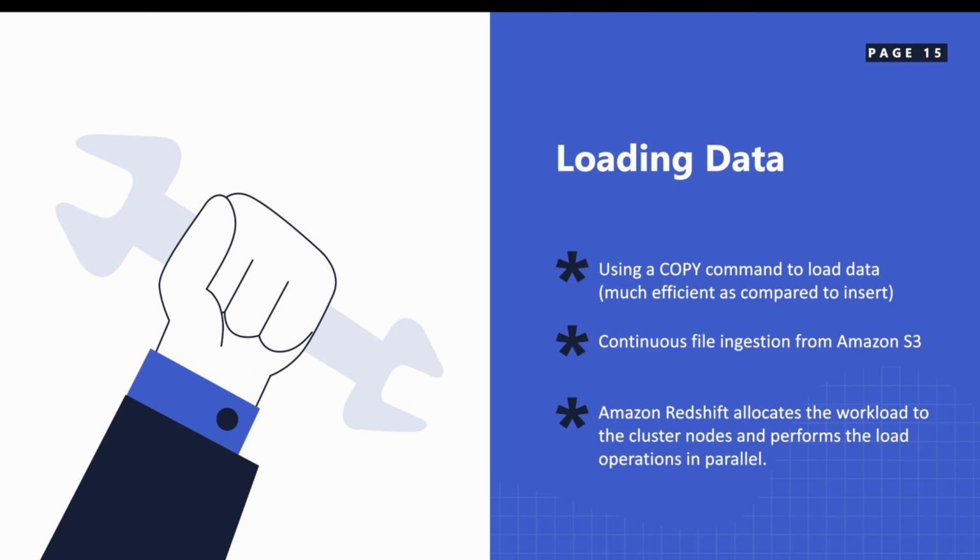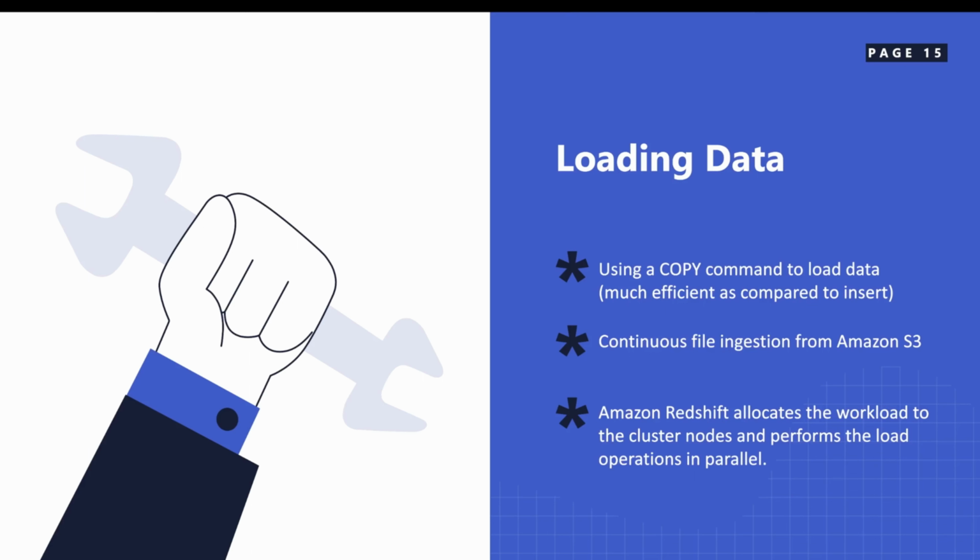To perform any analytic task, data visualization or business analytics, we need structured data. So for that we have to copy the data from the data lake to the data warehouse, where we will store our data in an organized way. The process of copying the data from the data lake to the data warehouse is called loading data.